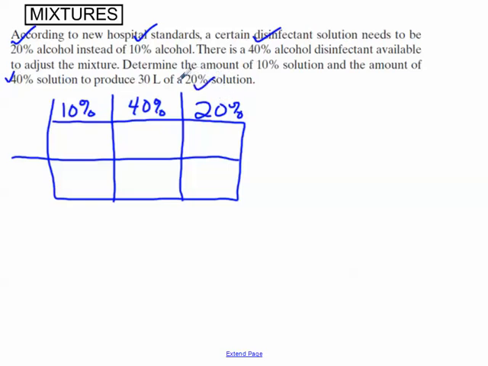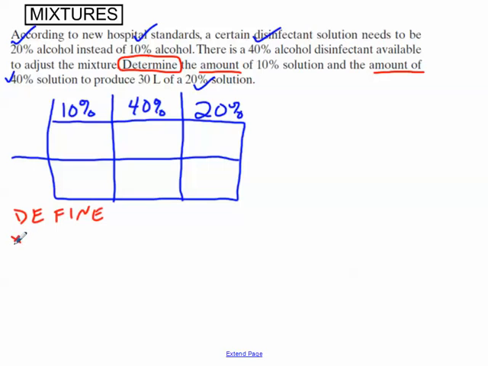And now we really have to define, or find out, what we're looking for. What's going to be our end goal? So we need to determine, again, if there's a question or a statement that says determine the amount of 10% solution, for example, the verb says determine. So we need to find out what? The amount of solution and the amount of solution. So let's define some things that we're going to look for.